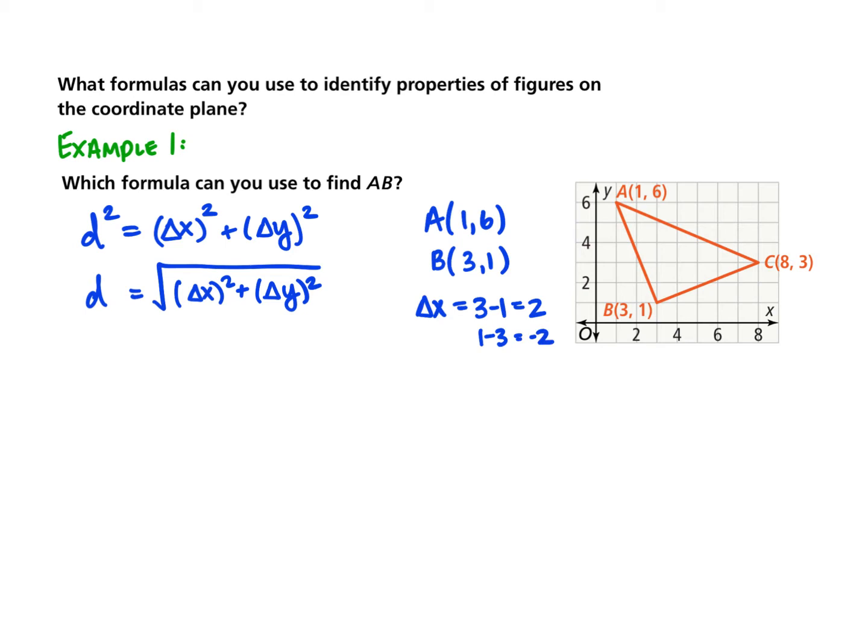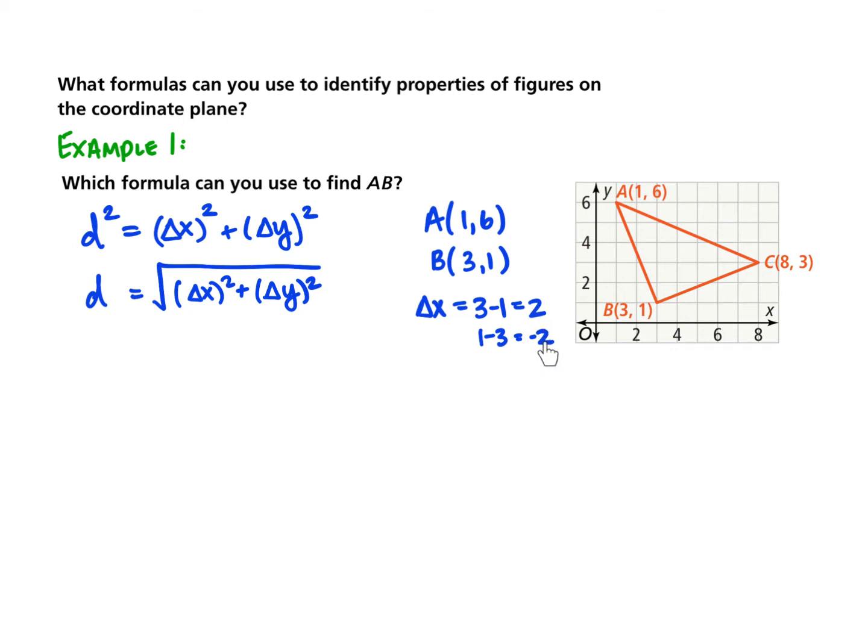I could think of that change as being a negative 2 change if I think about going from 1 to 3. But it doesn't really matter whether I use 2 or negative 2 for change in x. The reason is I'm going to end up squaring that. And when I square 2, I get 4, and when I square negative 2, I get 4.